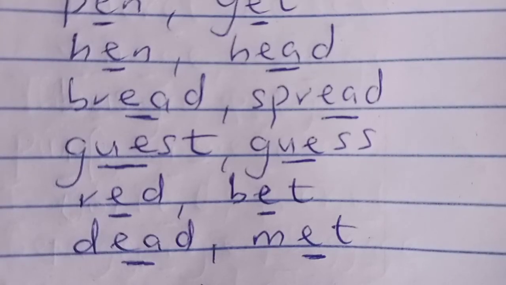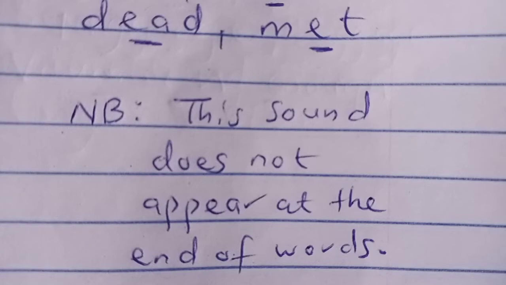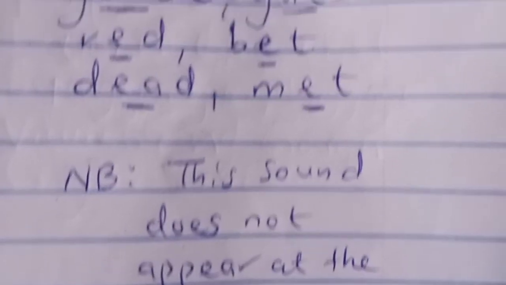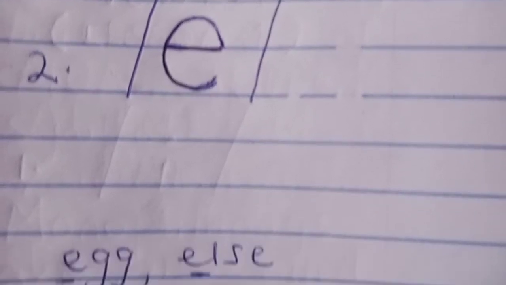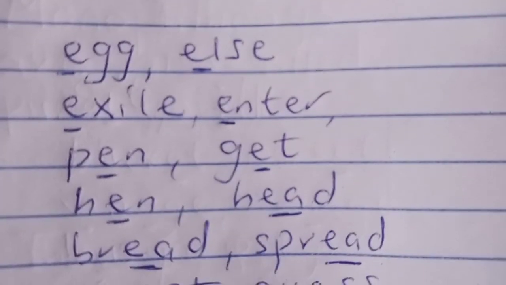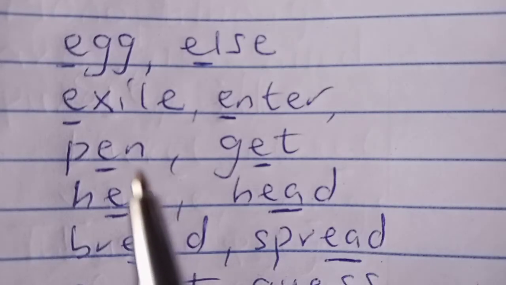Now, one thing that can help you with this sound is that the sound does not appear at the end of words. What it means is that this sound right here can never be the last sound in a word. So if you look at all these words, the sound can never be the last. Now, I didn't say letter, okay?